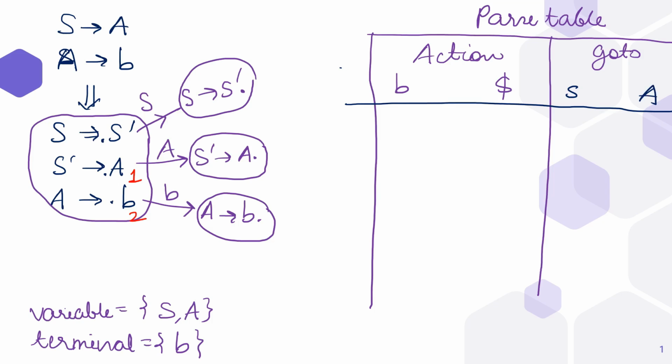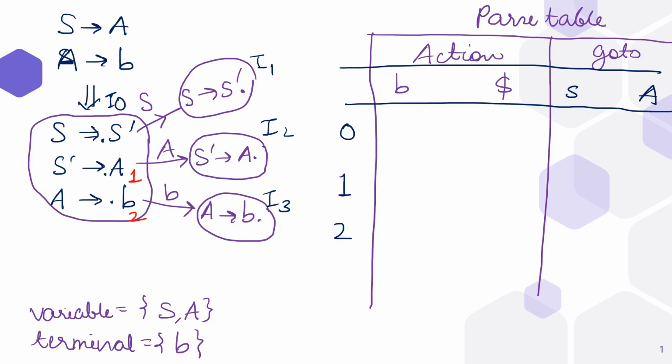Now we would fill this particular table using these canonical items. You can see that this is the 0 state, I0, and we can call the others I1, I2 and I3. So in total we have 4 states: 0, 1, 2, 3. Here we have to do the first step, that is, we have to write accept here under the dollar.